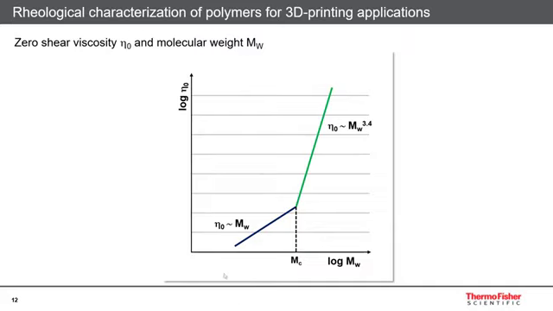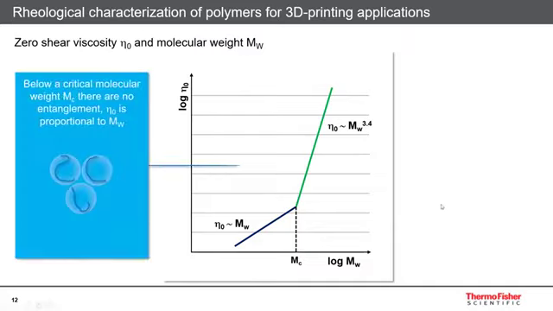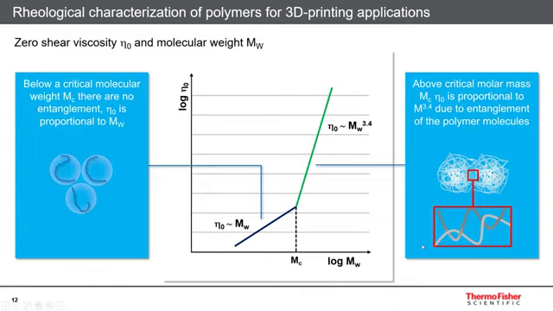Up to a critical molecular weight, the individual polymer chains are simply not long enough to form intermolecular interactions in the form of entanglements, and the viscosity is only increasing at a moderate and linear rate. However, if the molecular weight exceeds the critical value, the individual chains form a temporary three-dimensional network by entanglements, and the increase of the zero shear viscosity shows a much steeper slope.